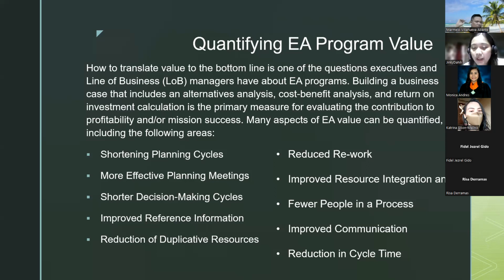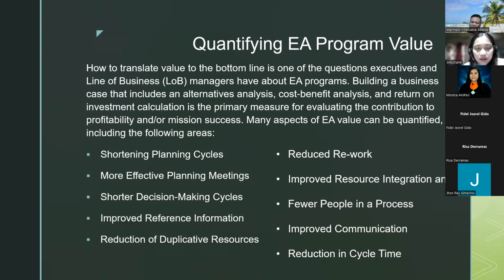So shortening planning cycle, EA can help shorten planning cycles by providing a robust repository of online information regarding current and future processes and resources. While EA does not replace strategic planning or business process improvement activities, it does enhance them through contribution of useful information that would otherwise be gathered separately.